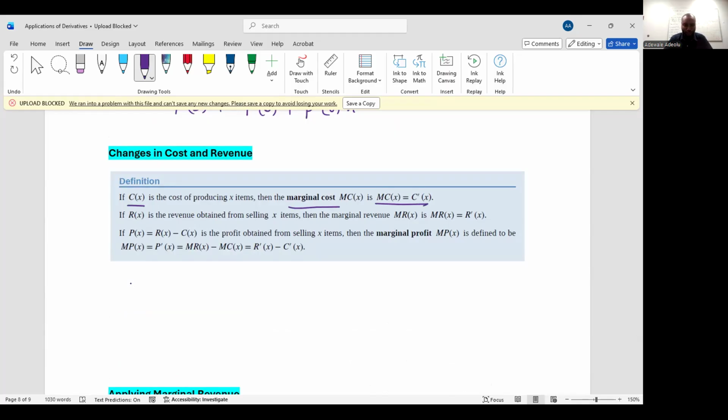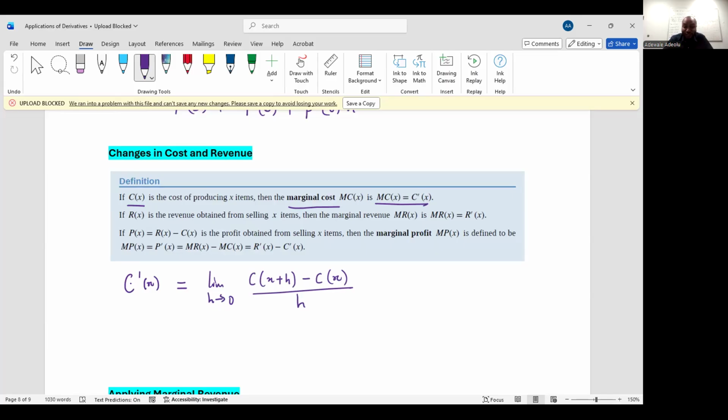Again, C prime of x is the limit as h goes to 0 of C of x plus h minus C of x, divided by h, right?